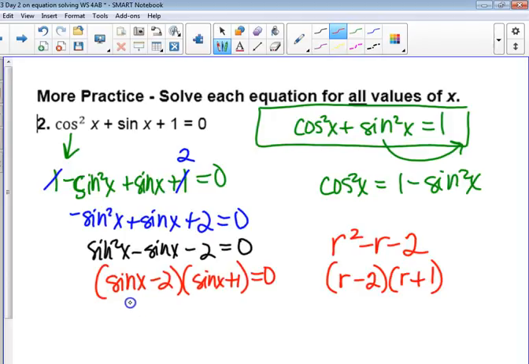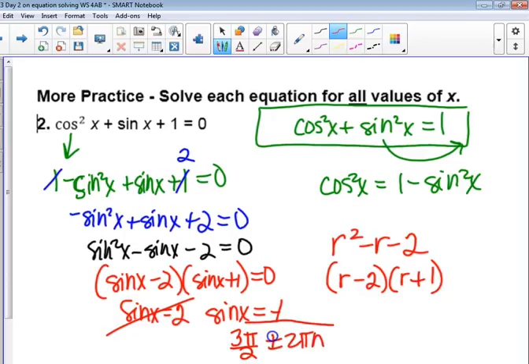Okay, if I set this one equal to 0, I get the sine is 2. If I set this one equal, I get the sine is negative 1. 2 is not possible. And how often would that repeat? Are we good? Okay.